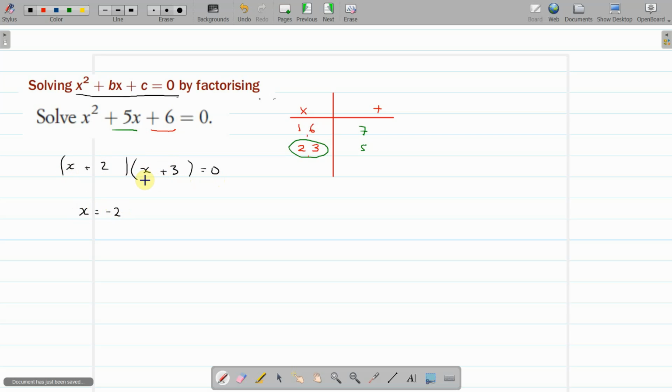This one, what can we make x to make all of this equal 0? The only answer is minus 3. When you do that, minus 3 plus 3 is 0. That times 0 is going to be equal to 0. And there's your answer.